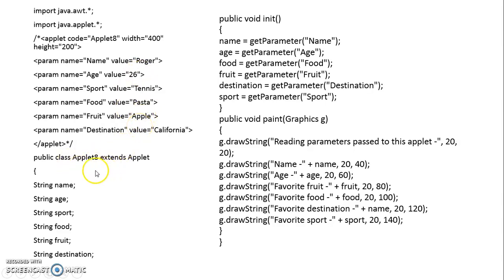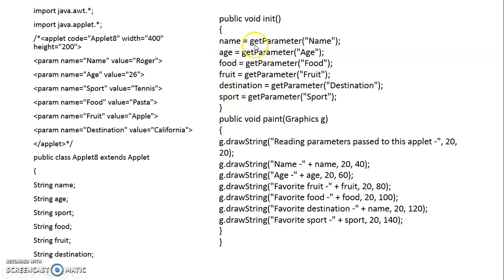Next, this is the code of your applet in Java. Here you are declaring the variables which we are going to access through HTML. Next is my init function. What is the use of the init function? You can declare and initialize the variables. Here all the variables we are using are of type String.